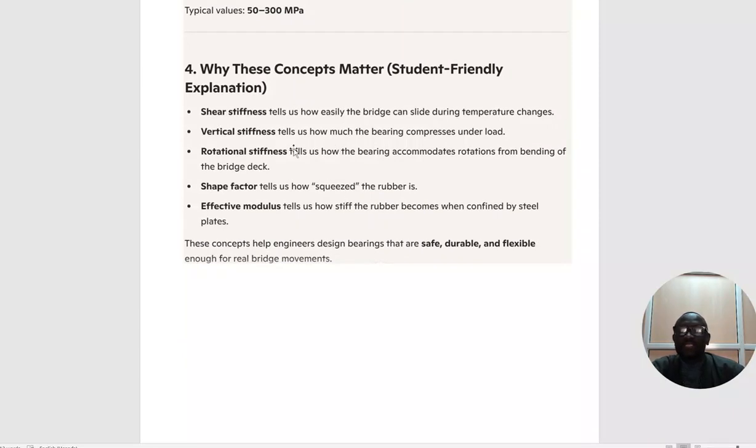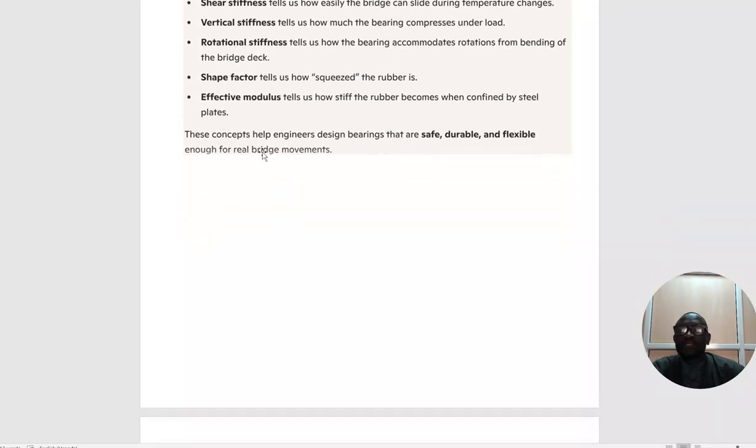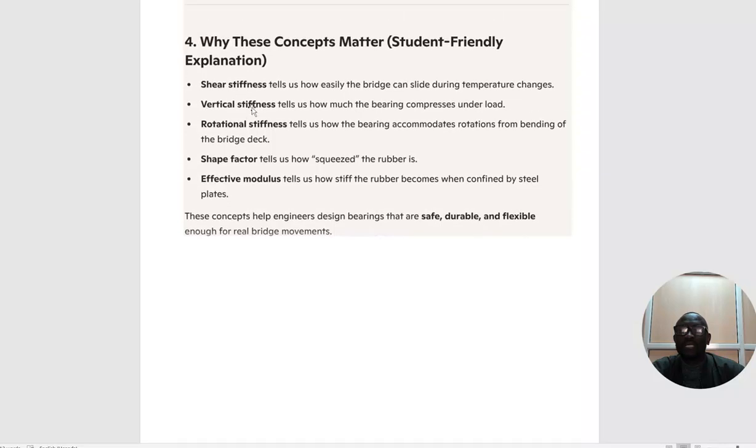Shear stiffness tells us how easily the bridge can slide during temperature changes, vertical stiffness tells us how much the bearing compresses under load, and rotational stiffness tells us how the bearing accommodates rotations from bending of the bridge deck.